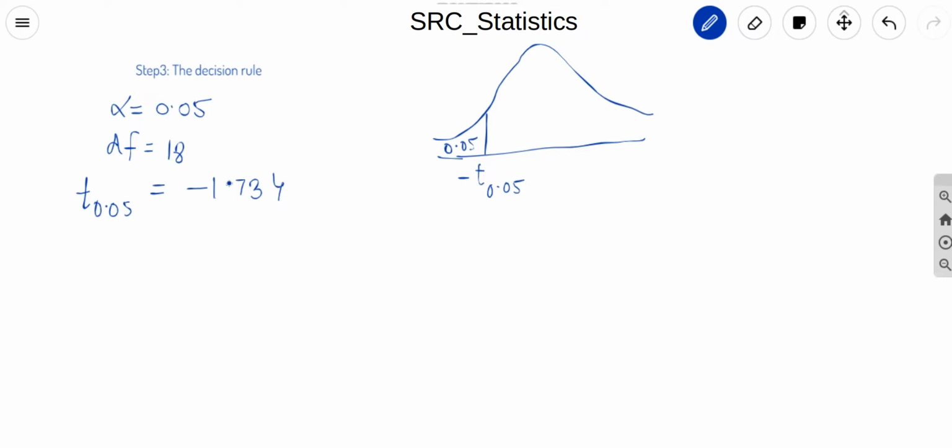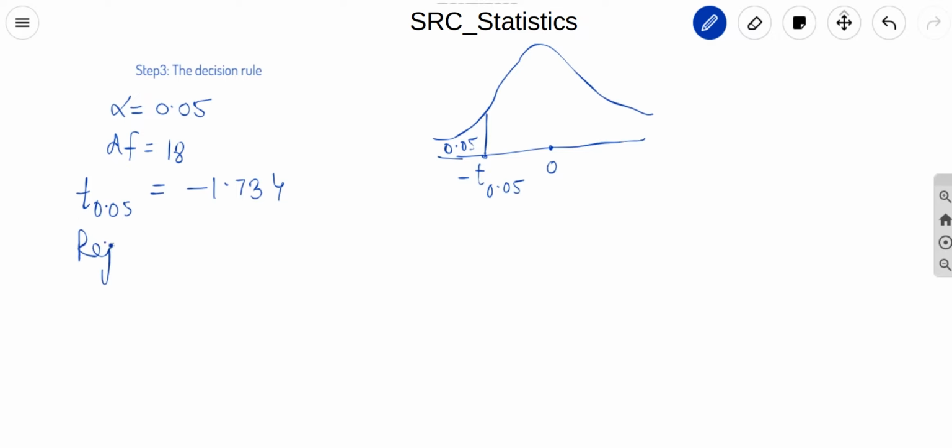This is a negative value. We take the value as negative because it is a left tail test, and this critical value of t lies in the left side of 0, because the t distribution is symmetrical about 0. So whatever is in the left side will be negative value, whatever is in the right side will be the positive value. Now the decision rule.